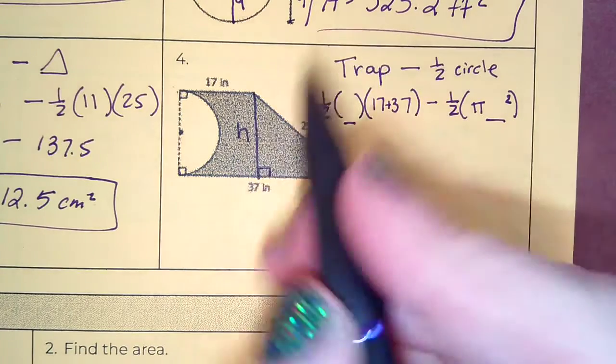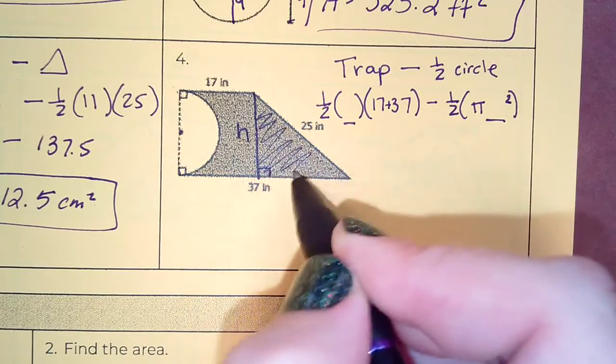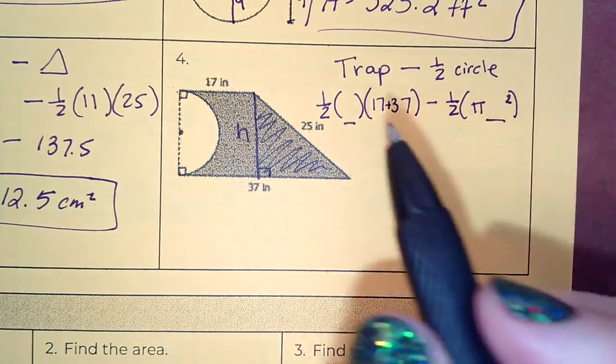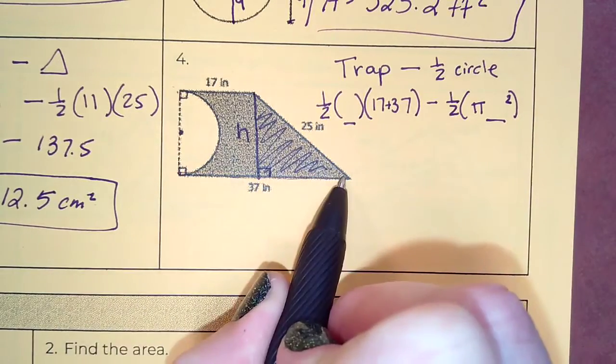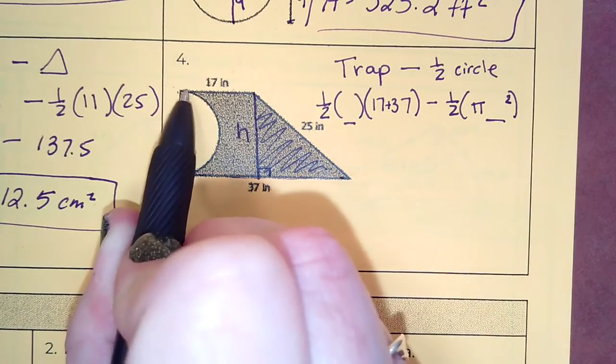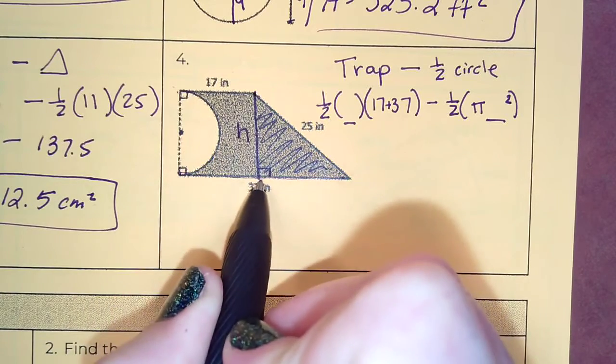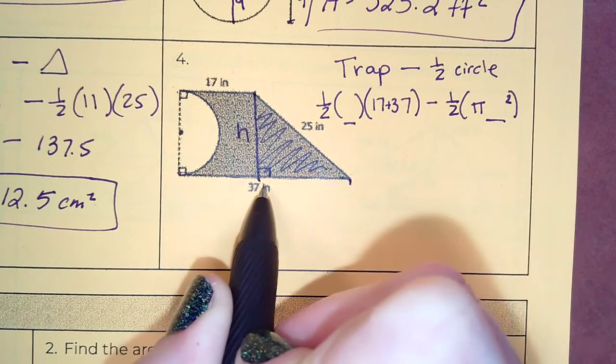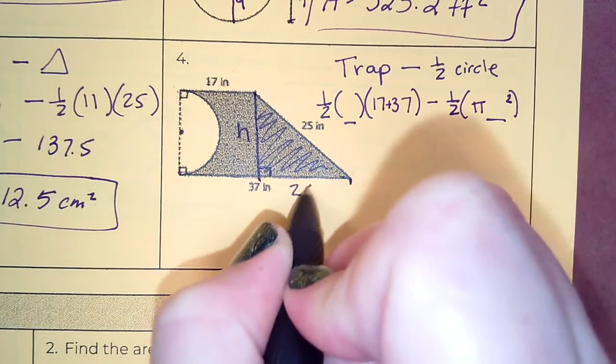If I see this as a right triangle, this entire bottom base is 37. This top base meets at this point, so from here to here, I would just do 37 minus 17 and get 20.